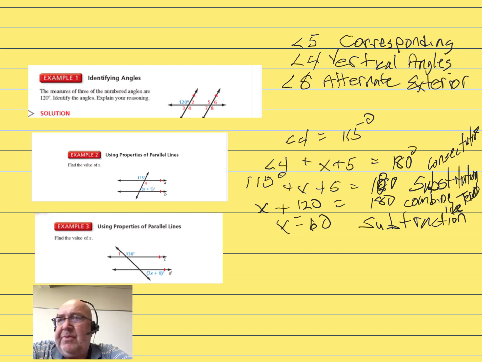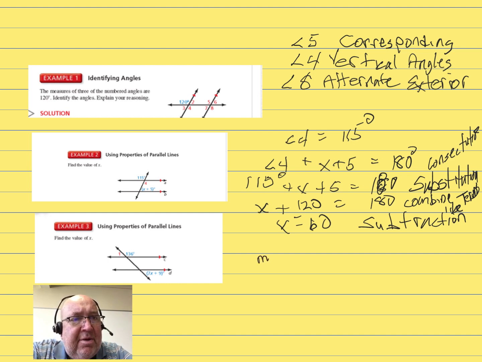All right, finally, last part here, we want to find the value of x. So first thing we know is that the measure of angle 1 and 7x plus 9 are congruent.